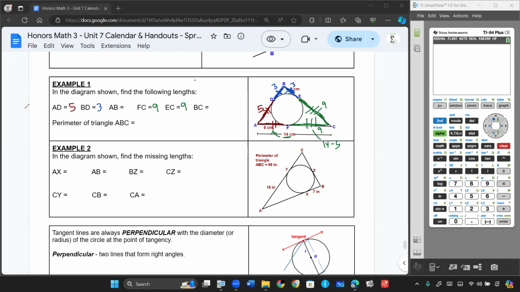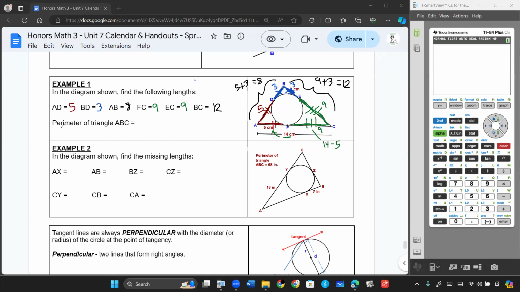So as far as getting the other two segments, I can simply add. If I want to know what AB is, I'm just going to say, well, I got 5 and 3. So 5 plus 3 is going to give you 8. And then I can do the same thing with BC. I got 9 and 3. 9 plus 3 is going to give you 12. And now I got all 3 sides. I'm ready to get the perimeter. This question wants to know the perimeter.